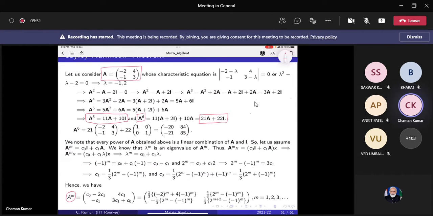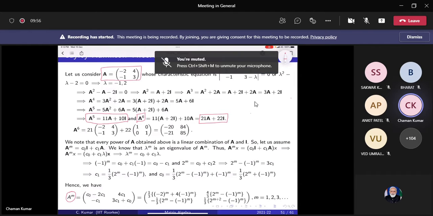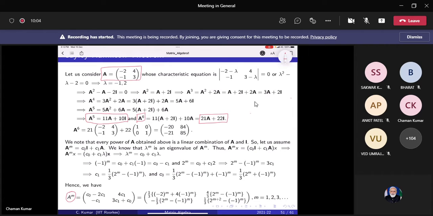Okay, so first application of Cayley-Hamilton theorem we have seen, where we have calculated the inverse of the matrix. Now in the second application, we are calculating the positive integer power of the matrix A, using the Cayley-Hamilton theorem.